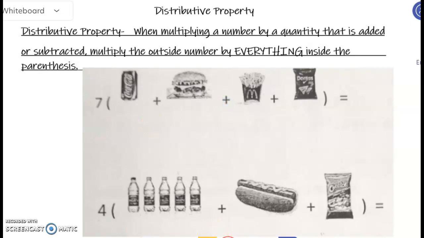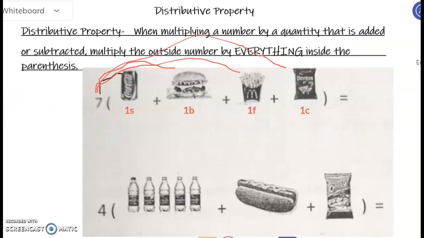So you are going to take 7 times 1S for soda, 7 times 1B for burger, 7 times 1F for the fries, and 7 times 1C for the chips.